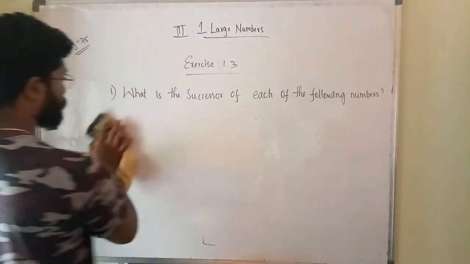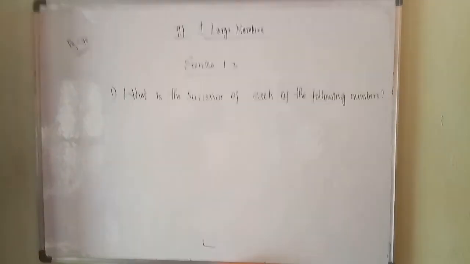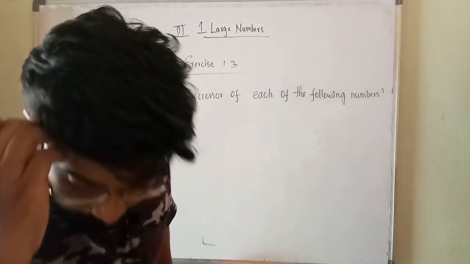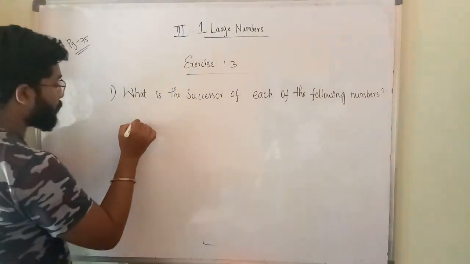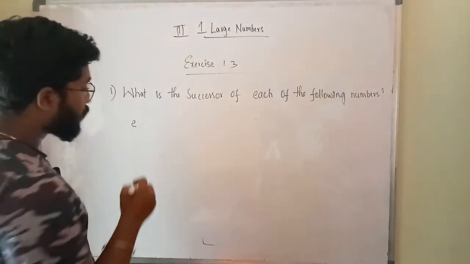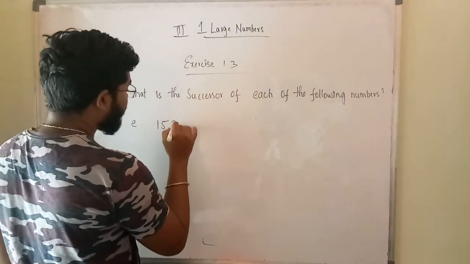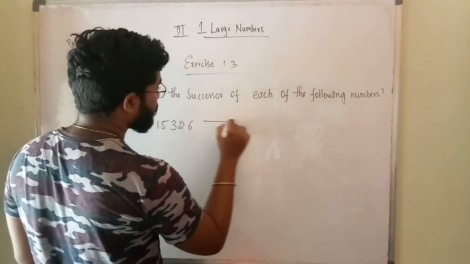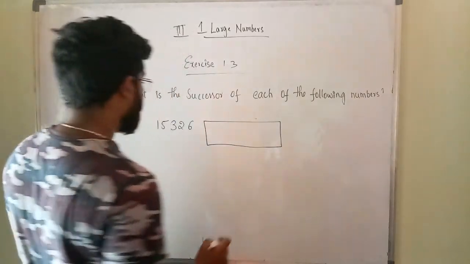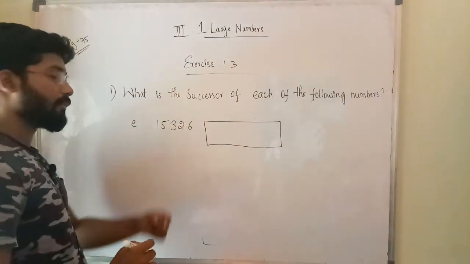Just a minute. So up to D we have completed, no? Next one, E. E is 15,326. If you are confused, just add like this, +1.